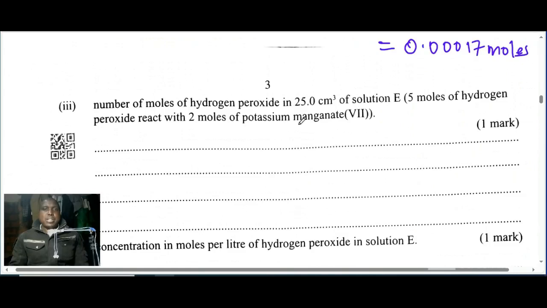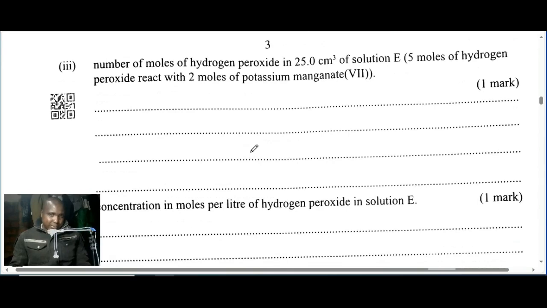Next one. Determine the number of moles of hydrogen peroxide in 25 solution E. 5 moles of hydrogen peroxide reacted with 2 moles of potassium permanganate. So we have been given the mole ratio, and that makes the work very easy.